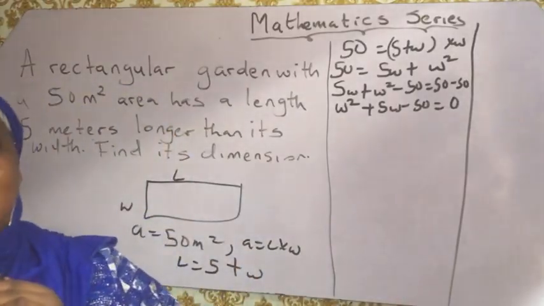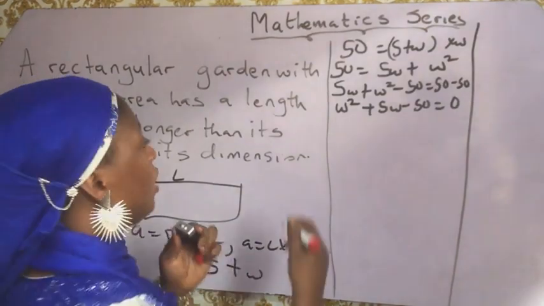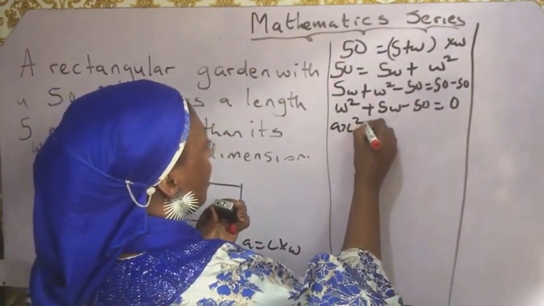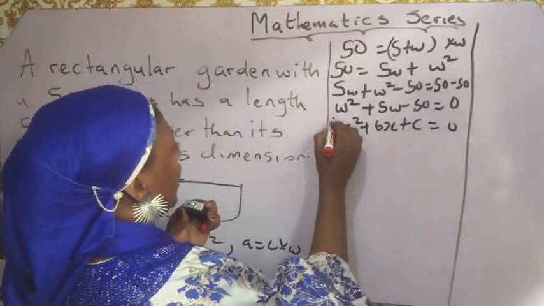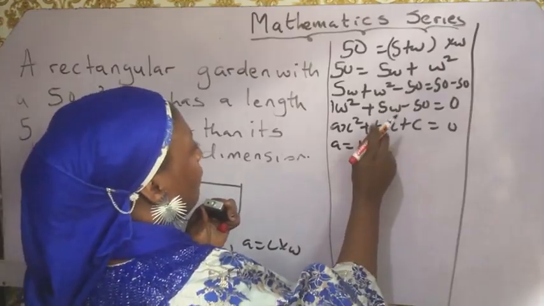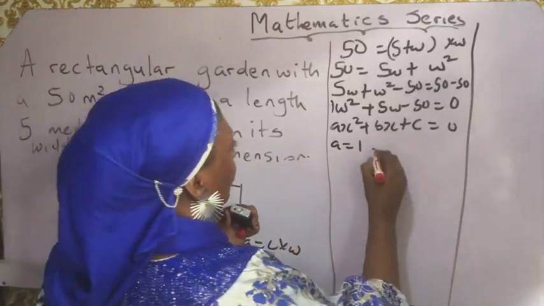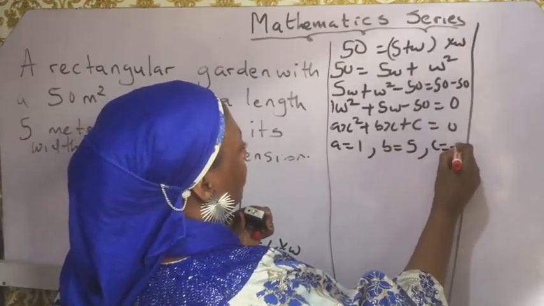Now, we are going to try to compare it with the general form of the quadratic equation, which is ax squared plus bx plus c is equals to 0, which means a is the coefficient of w squared, which is 1, a equals 1, b is the coefficient of w, which is 5, and c is negative 50, which is the constant.